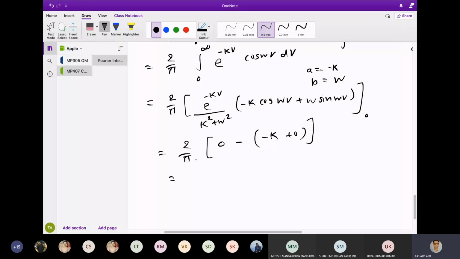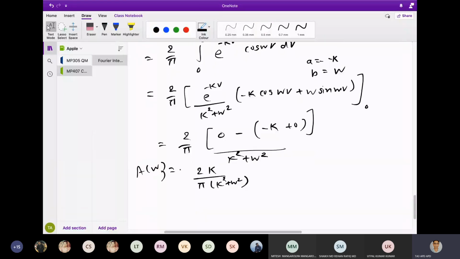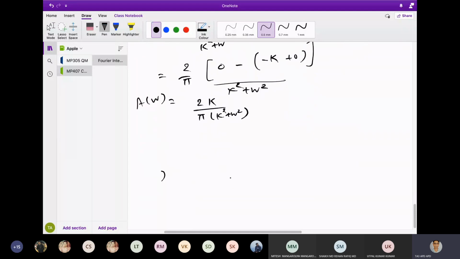This term we have to write with k square plus w square. So this is going to be equal to 2k upon pi into k square plus w square. Now this is just the coefficient a.